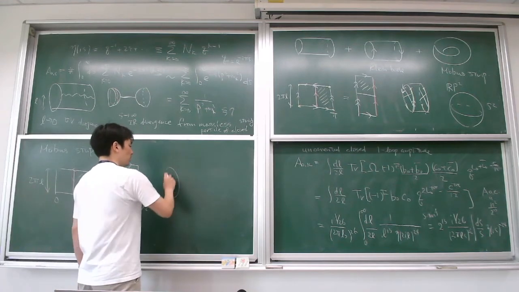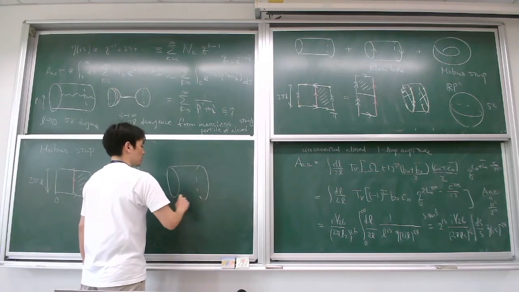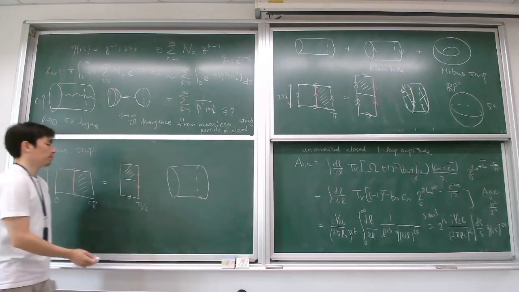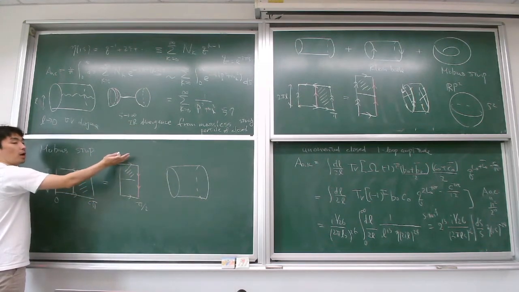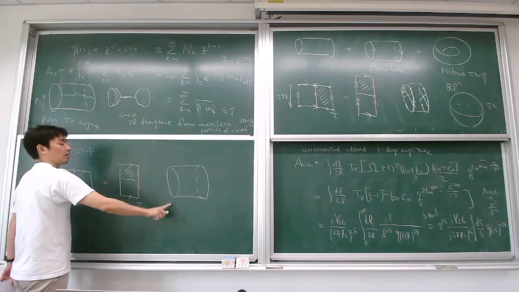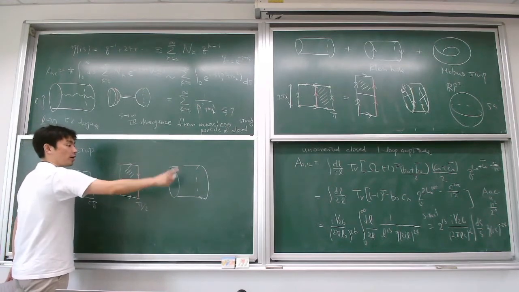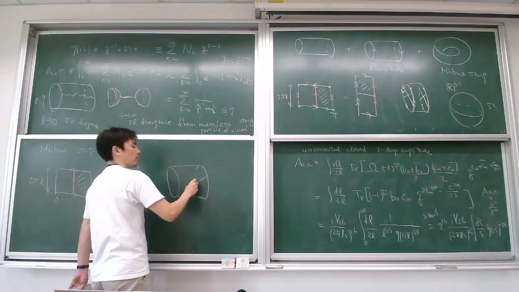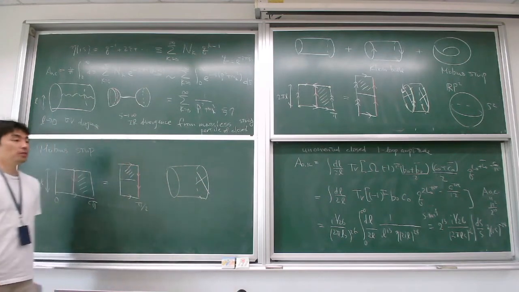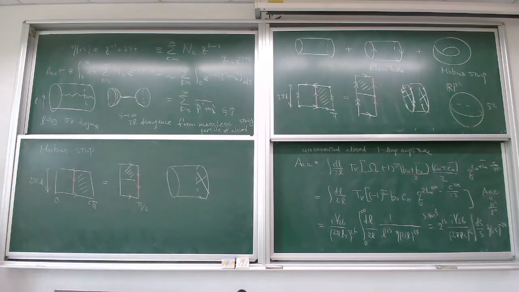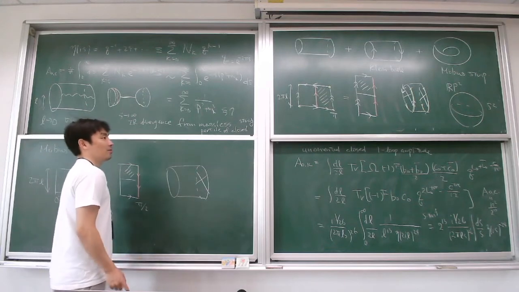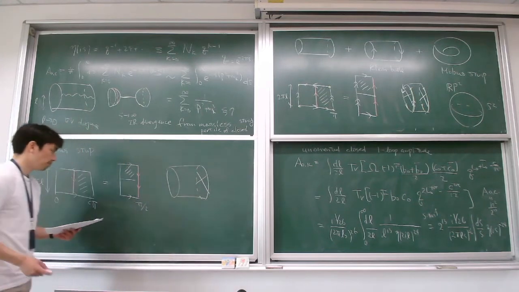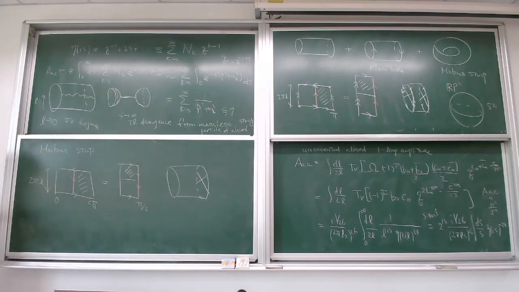So this can be understood as the same. You identify top and bottom, but this part you don't need to do any operation. But here again you have a cross cap state. Okay. So the physicists write it down this way. So now we have all kinds of cylinder, but anyway, cross cap state.